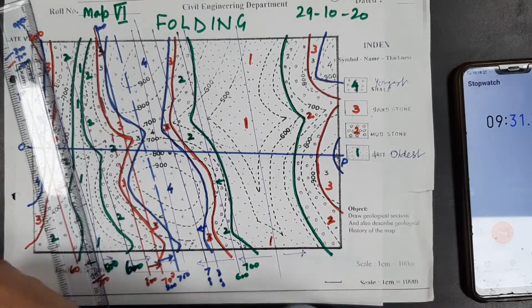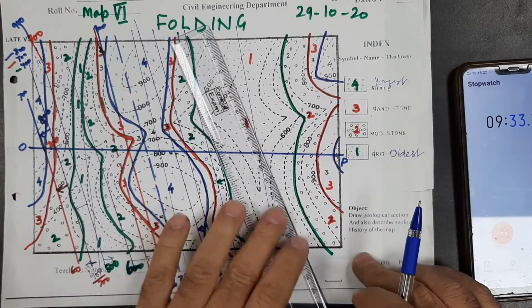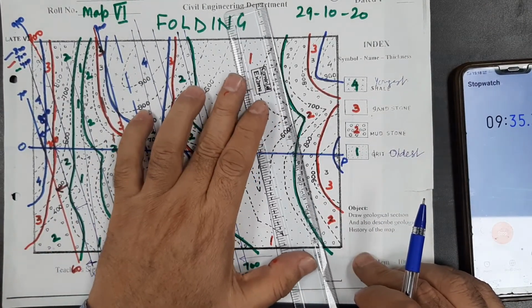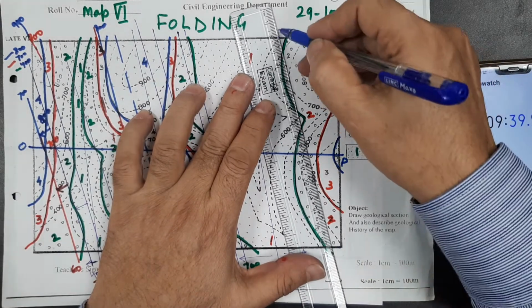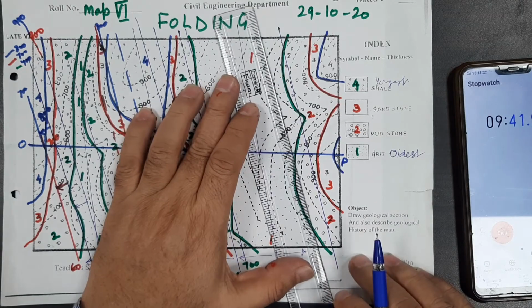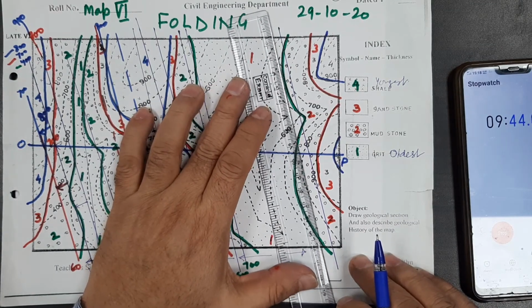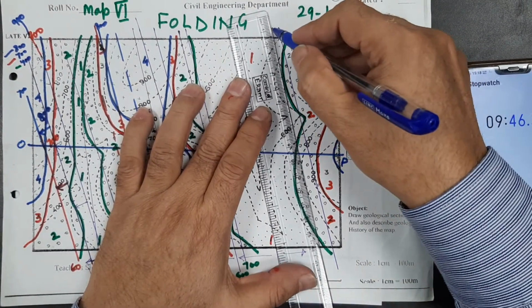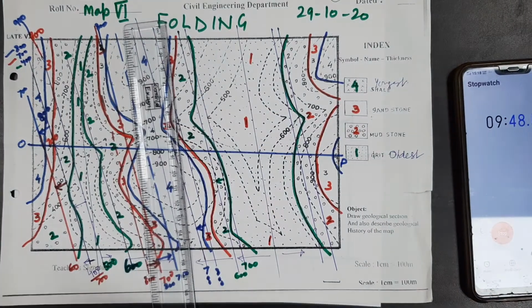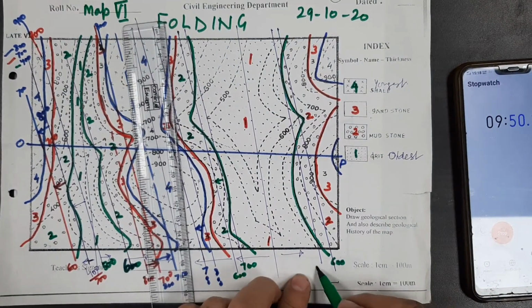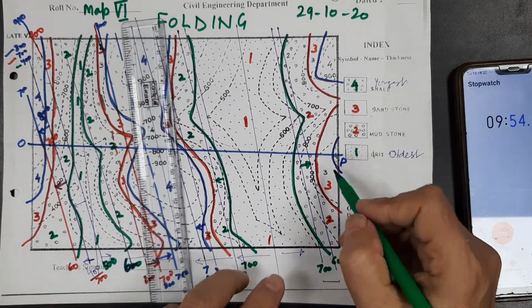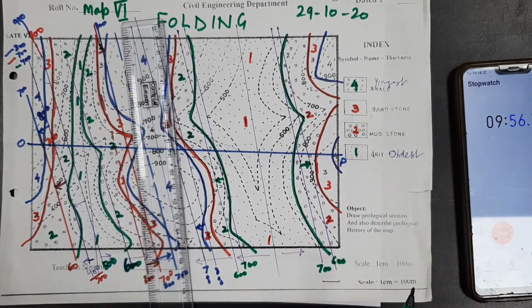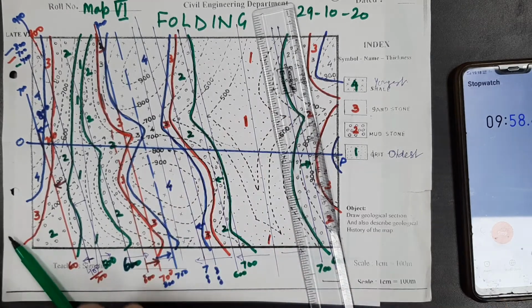Come to the last end, where for example you can use this green. Here we have a strike line of 600 and then here you can have a strike line of 700. 600 and 700, that means the dip direction has changed. The red contact will also have the same pattern.